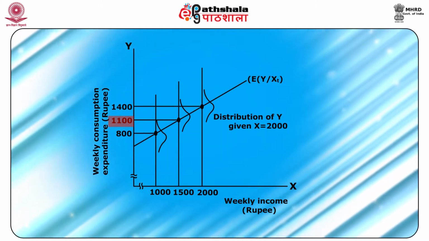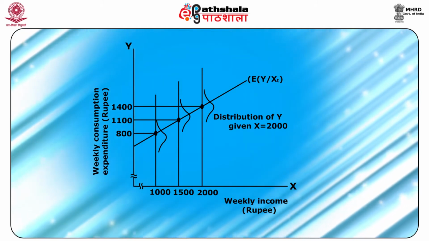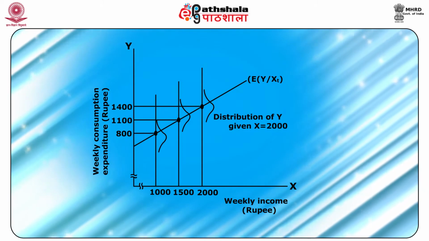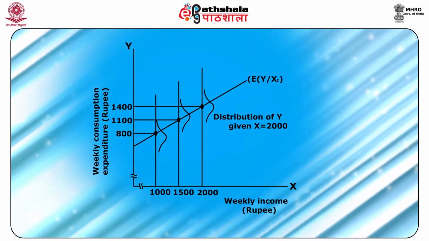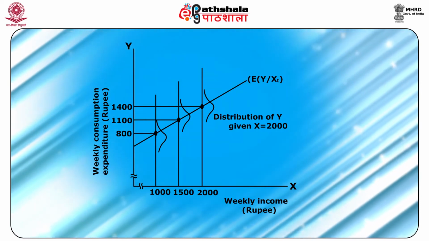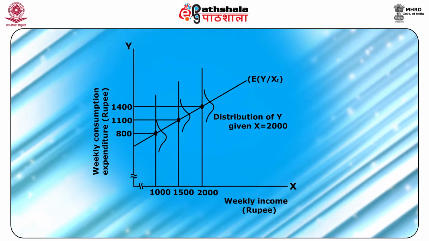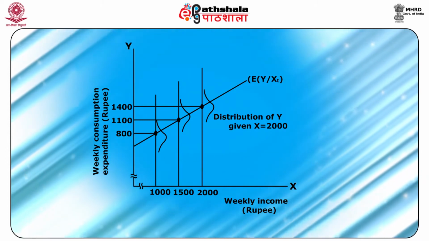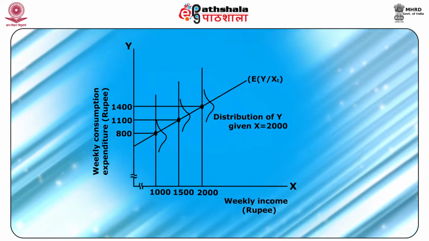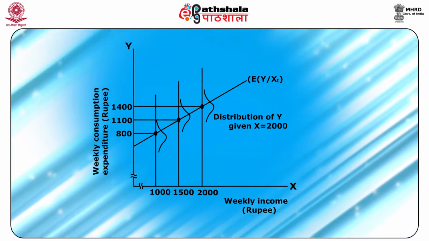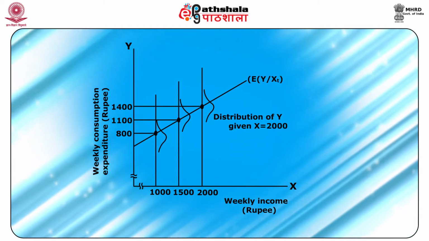Thus, we clearly see a positive relationship between income and expenditure on consumption. Now, these mean or average values of the dependent variable, which is consumption expenditure, are known as conditional expected values, as they are conditioned on or depend on the given explanatory variable, which is the income group in our example.